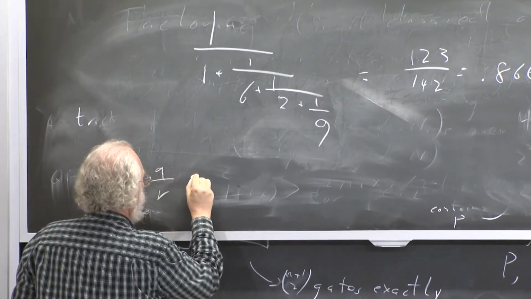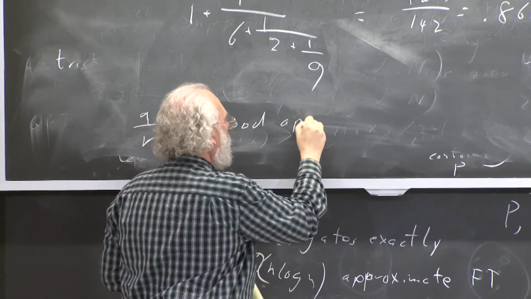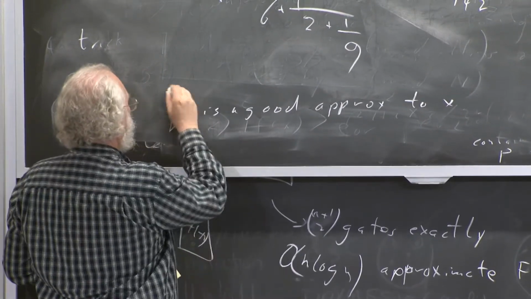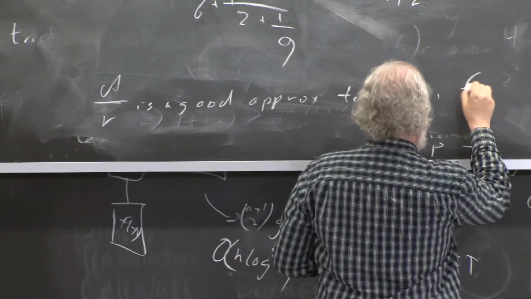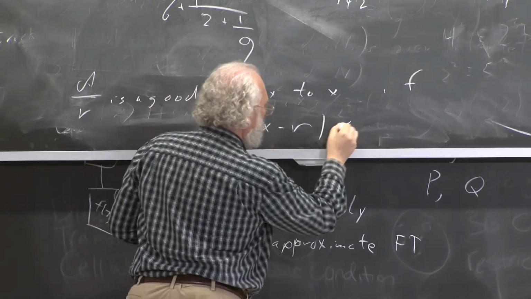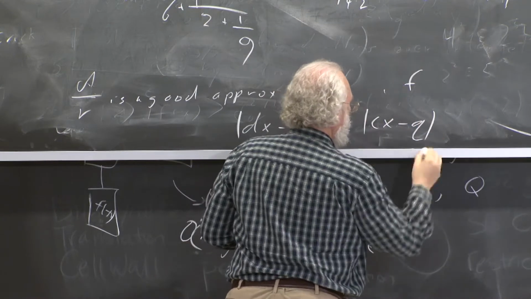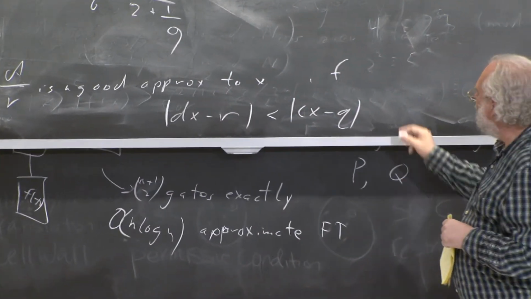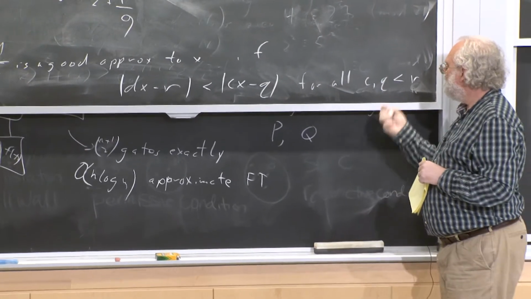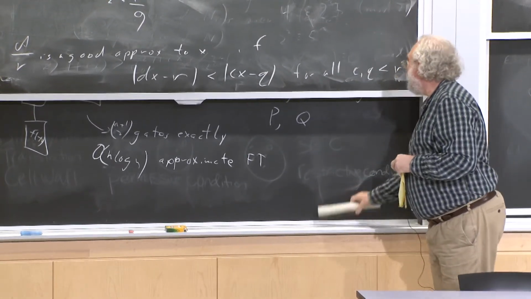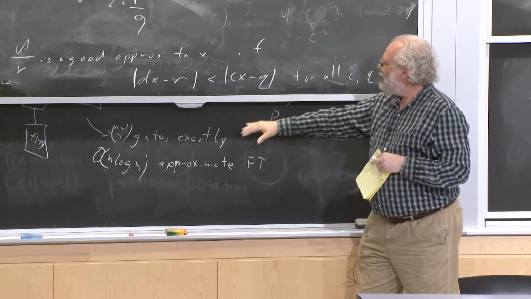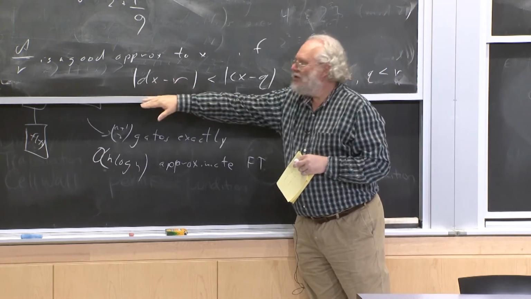D over R is a good approximation to X if |dx minus R| is less than |Cx minus Q| for all C and for all Q less than R. So if Q is less than R, you cannot get as good an approximation.